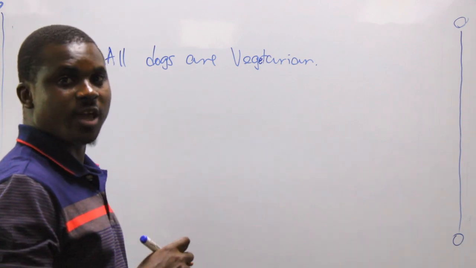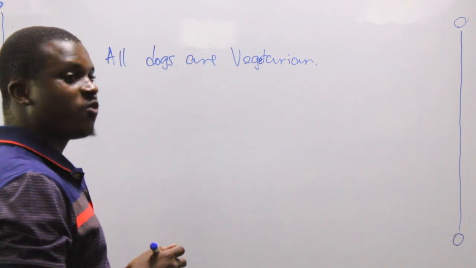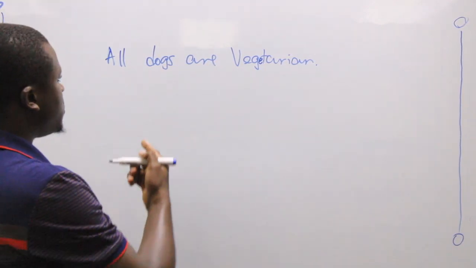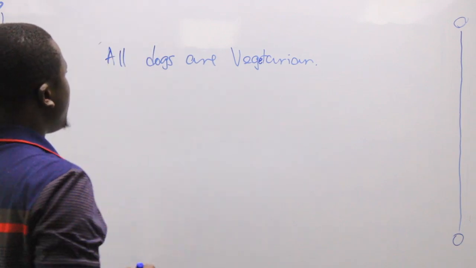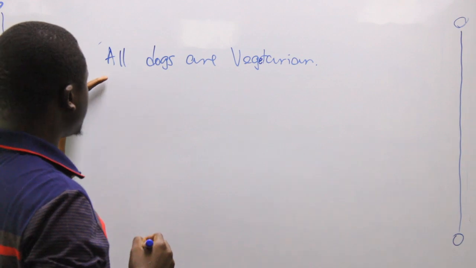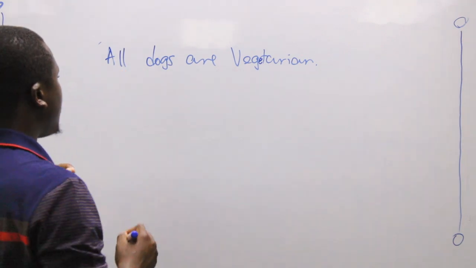If you are saying all dogs are vegetarian, we use the universal quantifier because we've got this word "all." When you are saying "for all," you are going to choose the universal quantifier.